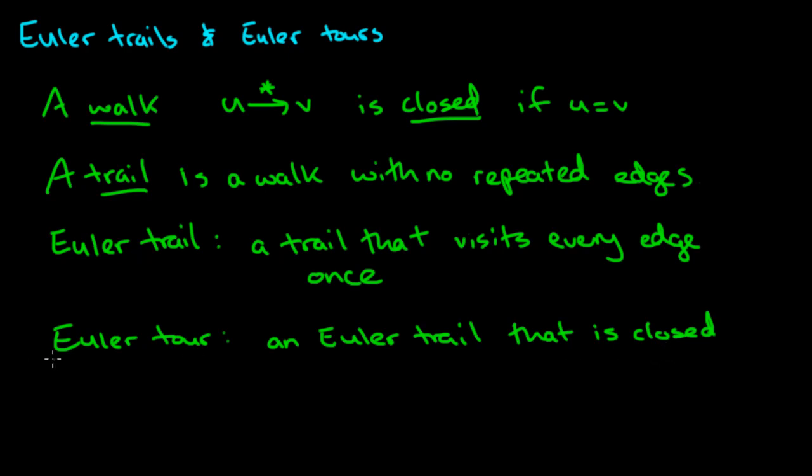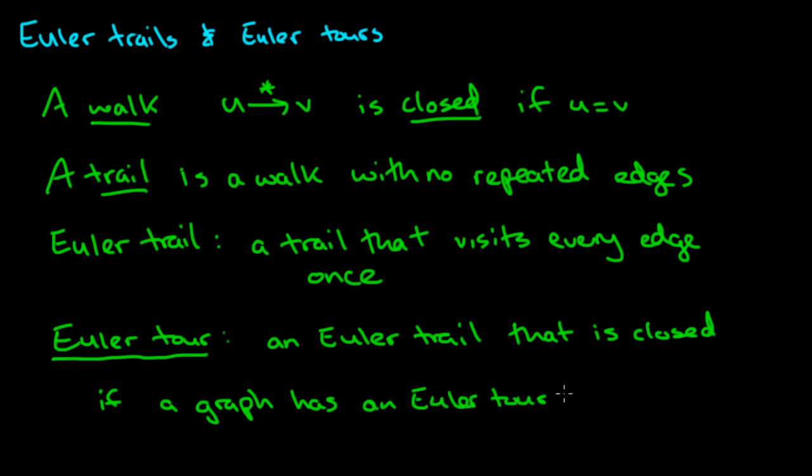So that's what makes it an Euler tour. And if a graph has an Euler tour, it is called Eulerian. So now we have a more precise definition for what we mean by Euler trails and Euler tours.